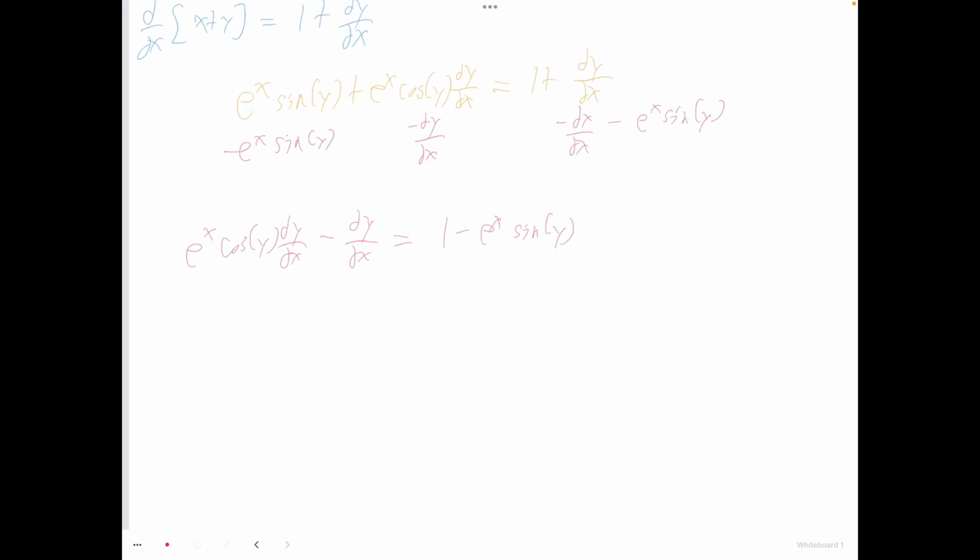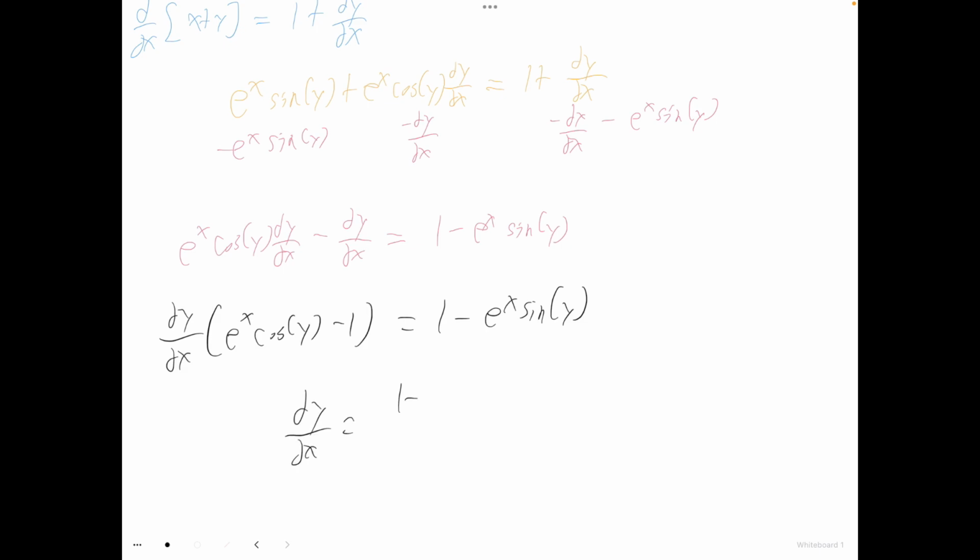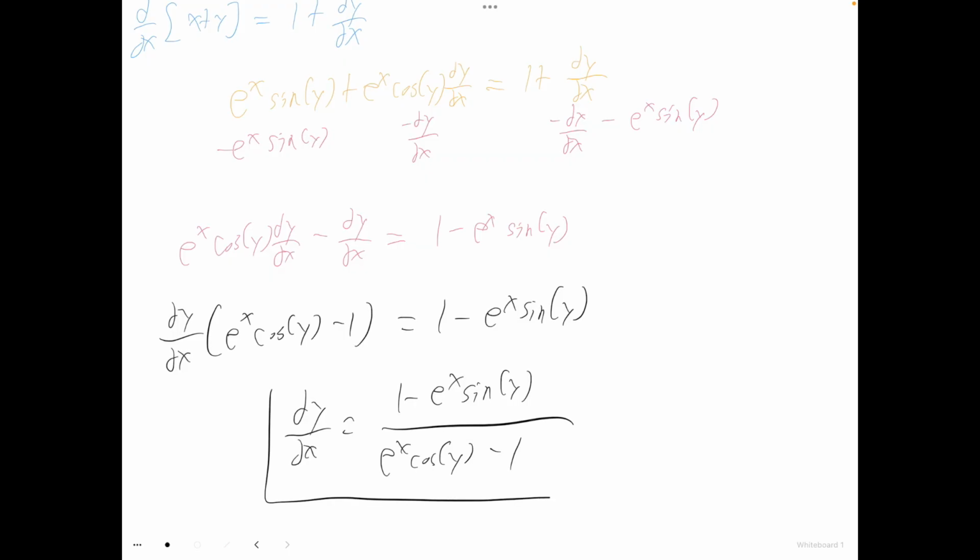And then we factor off our dy over dx. So we got dy over dx times (e to the x cosine of y minus 1) equals 1 minus e to the x sine of y. And so dividing, we get dy over dx equals (1 minus e to the x sine of y) divided by (e to the x cosine of y minus 1). And so that then is our derivative.